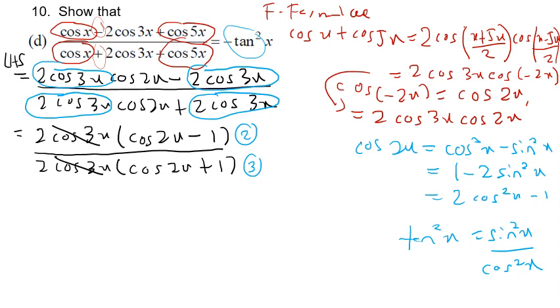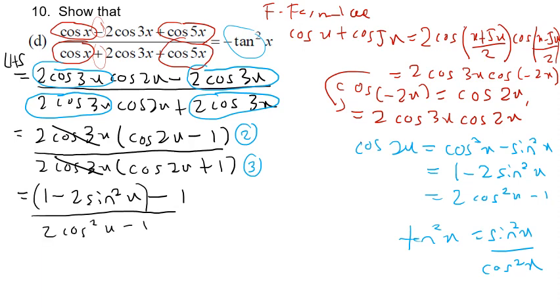After we identify that, we proceed with the formula. So substitute: 1 minus 2 sine squared x, minus 1, and below, 2 cos squared x minus 1, plus 1. We notice that 1 cancels out with negative 1, and the negative 1 here also cancels out with the positive 1 outside.